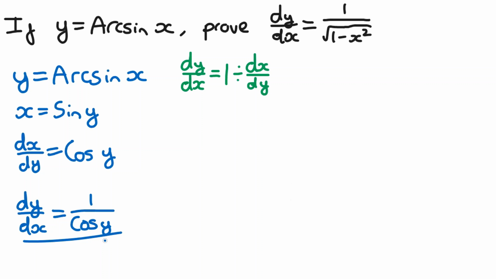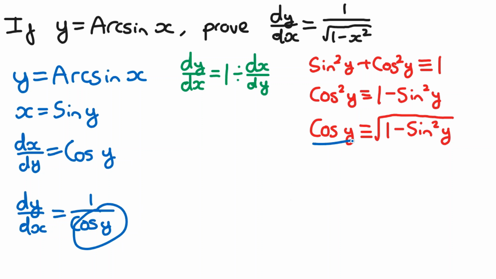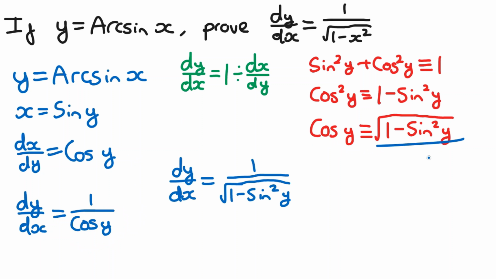Okay, so we have this here. And if you remember the identity that we use all the time, that sin squared y plus cos squared y is equivalent to 1. Well, if we move the sin squared y onto the other side, we get cos squared y is equivalent to 1 minus sin squared y. And if we take the square root of both sides, we get that cos y is equivalent to the square root of 1 minus sin squared y. We have cos y here, so we can make this substitution for the square root of 1 minus sin squared y like we have here.